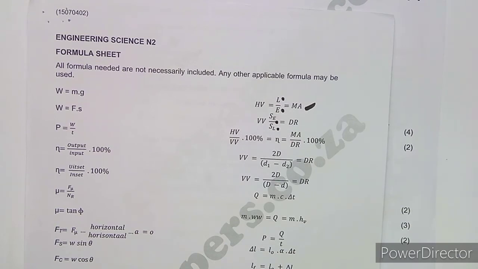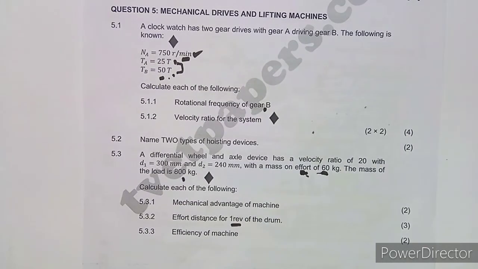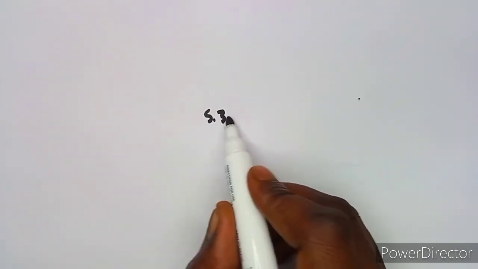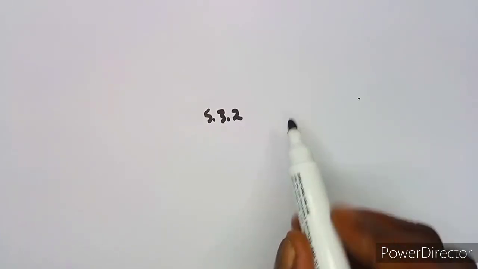But we have got a lot that we are going to talk about here. Which part are we talking about? Let me write it down. We said the velocity ratio is going to give us this information from the formula that I just showed you now.